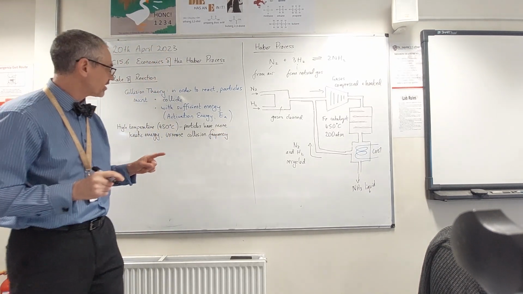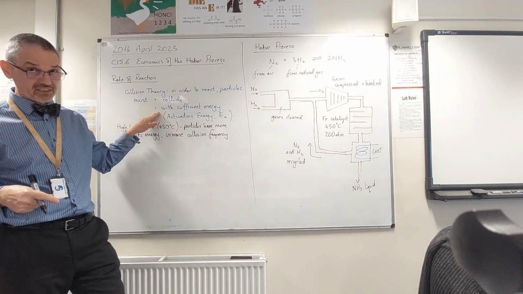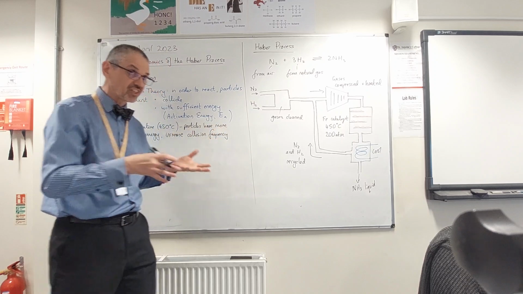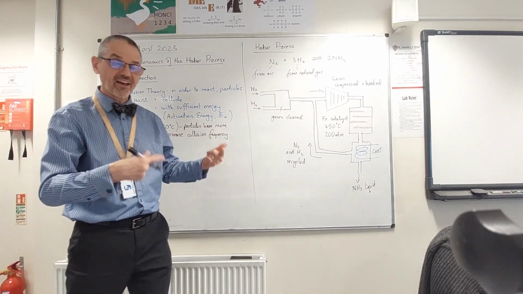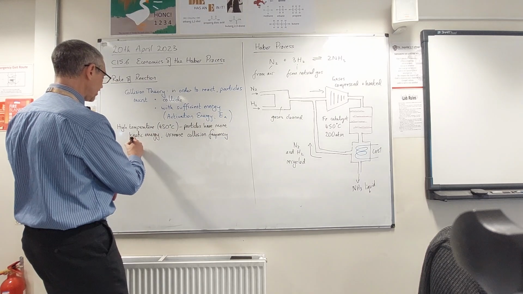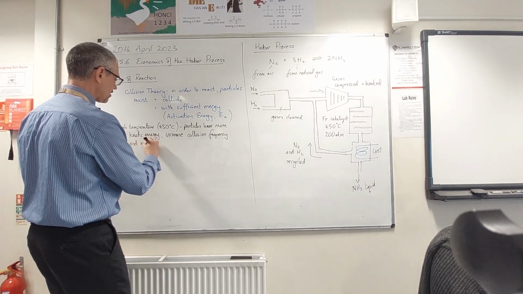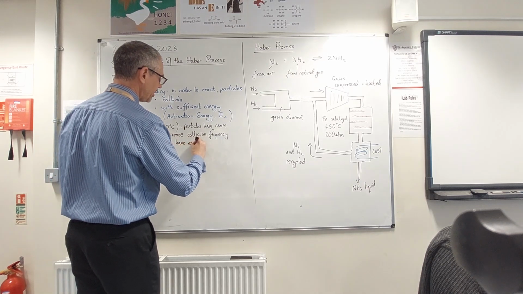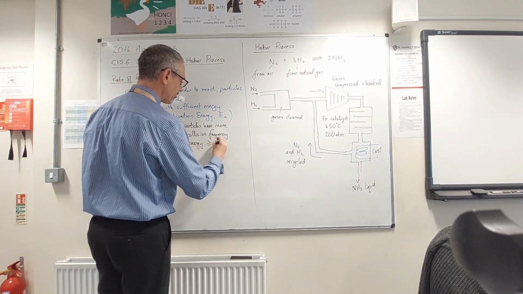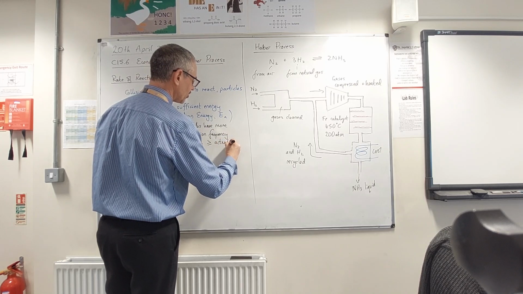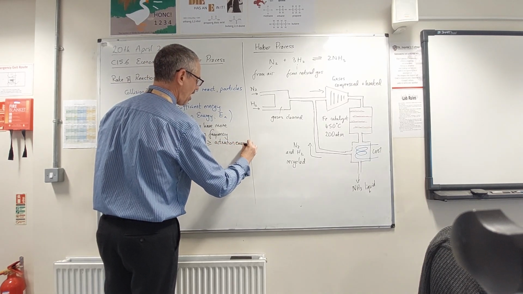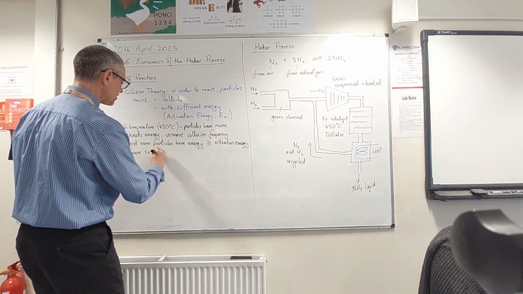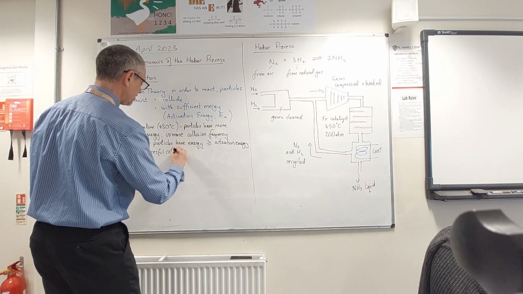And more important, actually, more particles will have the activation energy. So in other words, when the collisions occur, they're more likely to turn into reactions. So more particles have energy greater than or equal to the activation energy. So that will give us more successful collisions.